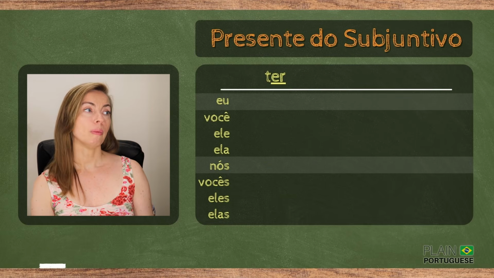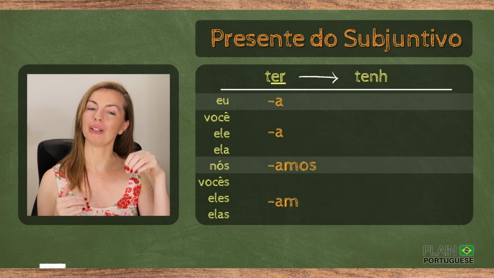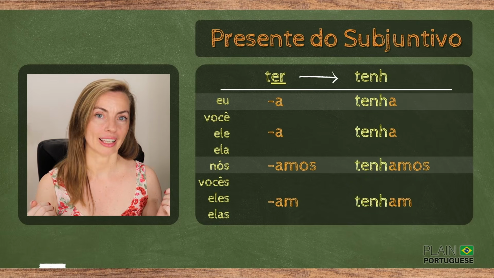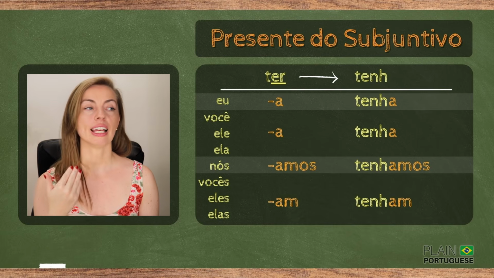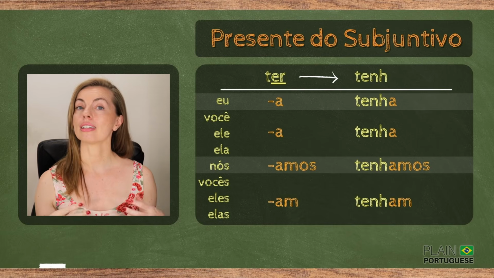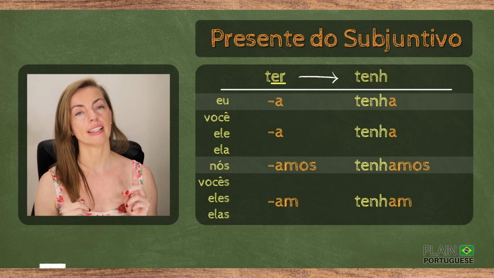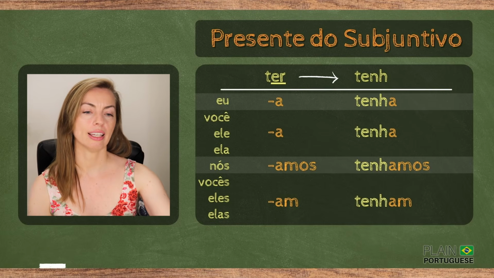How about ter, Bia? Let's see. Eu tenho, drop the final O, que eu tenha, que você, que ele, que ela tenha, que nós tenhamos, que vocês, que eles, que elas tenham.